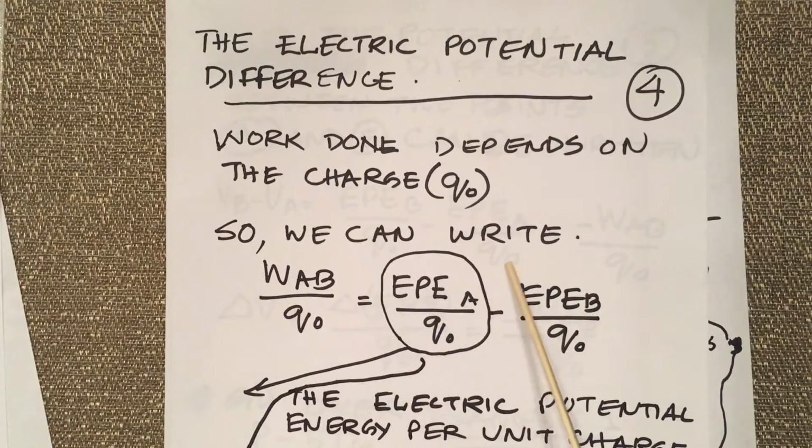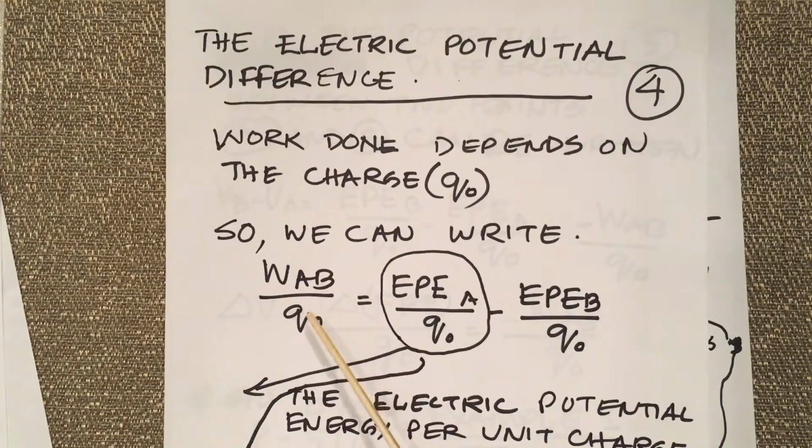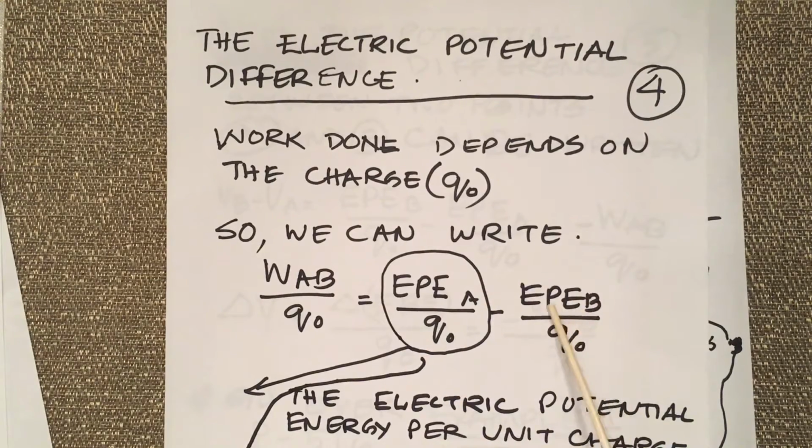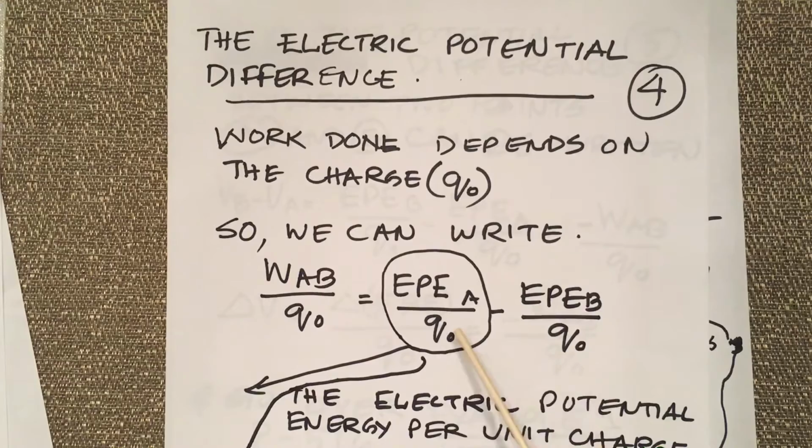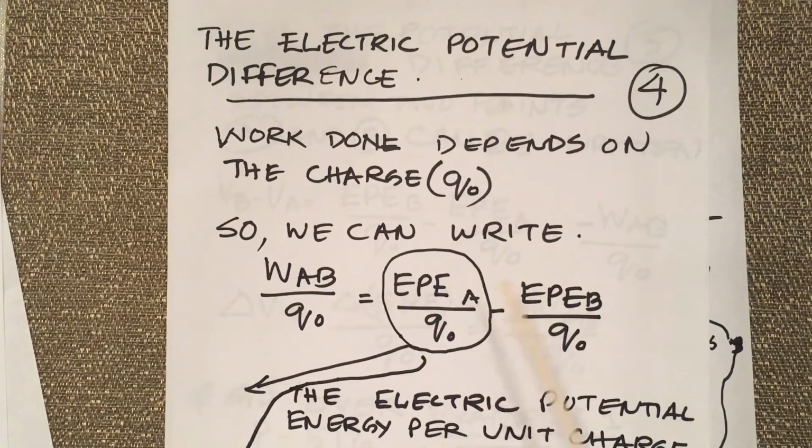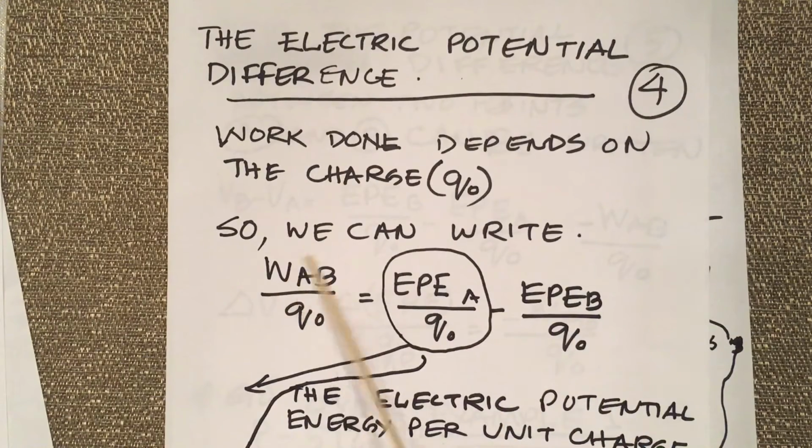So now we have to write it in this pattern where work done divided by the charge equals electrical potential energy divided by the charge. The potential energy counts first for point A, second for point B, and the difference will be defined to be work done over the charge.